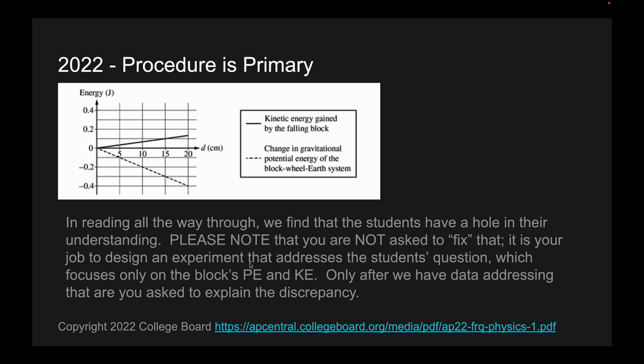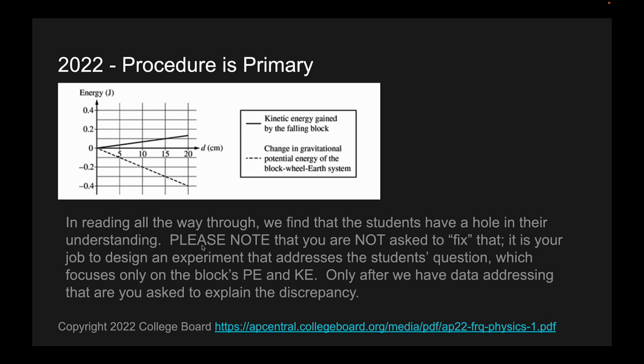You would just do something to collect the PE and KE data, and if we did a good job, like we see some data here, we can see that the change in gravitational PE is not the same as the change in the kinetic. And so we can see that the student's hypothesis was incorrect. That is a good experiment that led to that valid result. But now they want you to explain what happened and fill in the missing information.